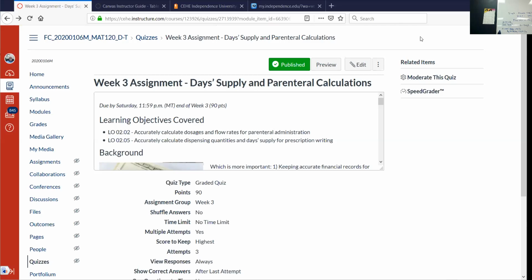So now our calculation becomes D times V over H equals, the D is 300 milligrams per hour. Okay. The V is 250 milliliters. And the H is 50 milligrams.